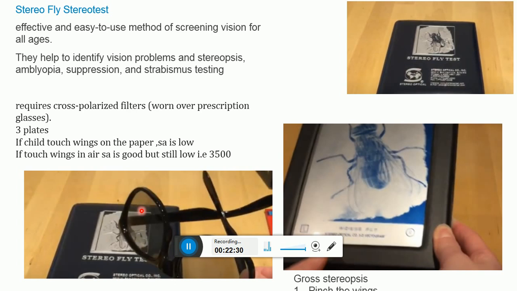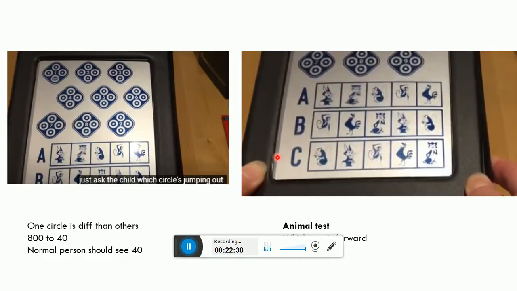The Wirt fly is the largest target in the test, which also includes graded sets of animals and circles, one of which is disparate and appears to stand forward. The test must be viewed at 40 cm and covers a range of stereo acuity from approximately 3000 to 40 seconds of arc.